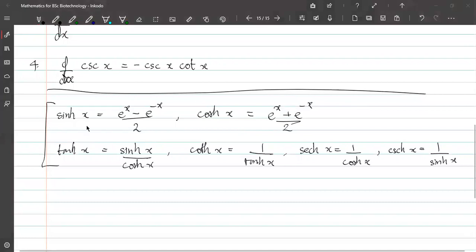So what you should do is start by differentiating only these two. Sinh of x, you will get a derivative in terms of this, and this one's derivative you'll get in terms of this. Again, remember that sin x derivative is cos x and cos x derivative is minus sin x. You can check whether the same thing happens here. You won't get exactly the same thing. You'll get something similar, but not exactly the same.